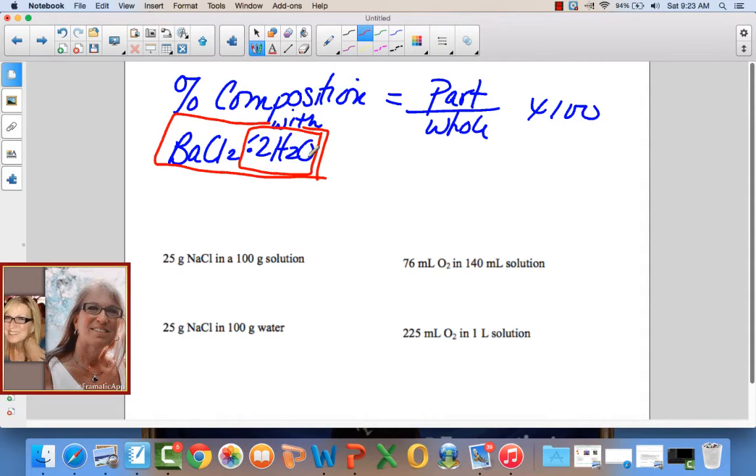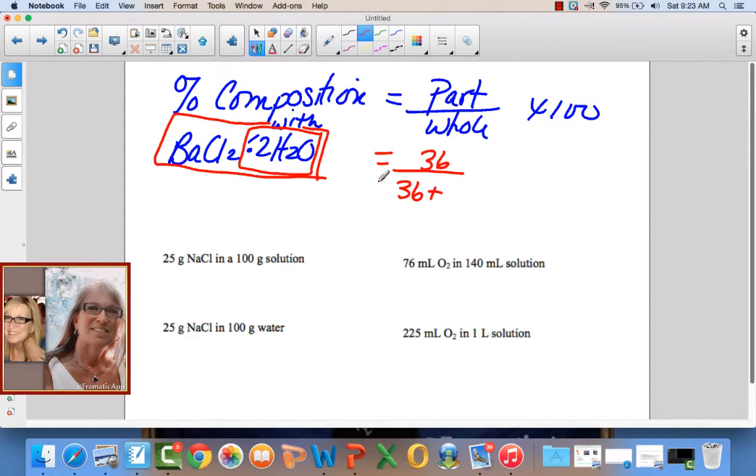So water, 16 plus 2 hydrogens is 18. That's the mass of 1 water, times 2 is 36. So my part is 36. My whole is going to be that 36 plus the barium chloride. So chlorine is 35.5, and there's 2 of them, so that's going to give me 71, plus the barium is 137.